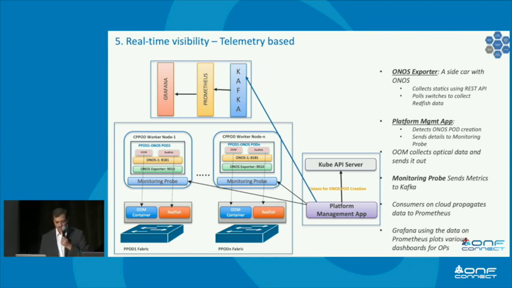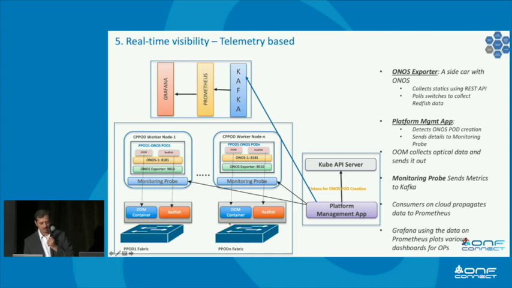So this ONOS Exporter is a sidecar which runs along with the ONOS container in the same pod, but it just does some API calls periodically to collect the information from ONOS, to get the health information, to get the metrics, to get the event-related information. It extracts every other required information from the ONOS.